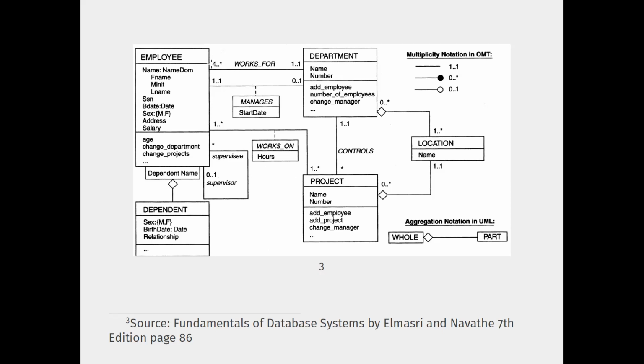Normally we will have 0 or more, or 1 or more. In this particular case, assuming that you have to have at least 1, maybe we can have 1 or more here. But in some representations, as you can see, according to this representation, it means that you have to have at least 4 employees in a particular department. So that's how they have put up this notation.